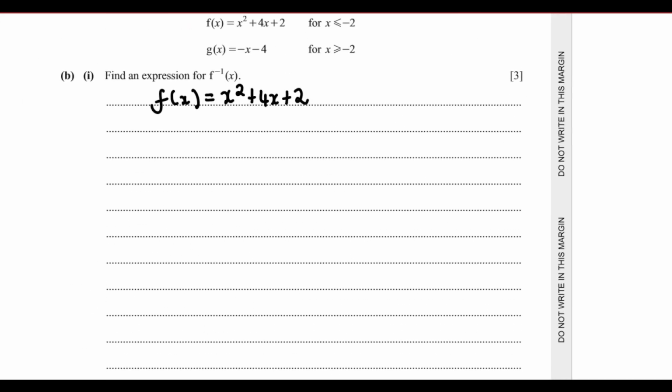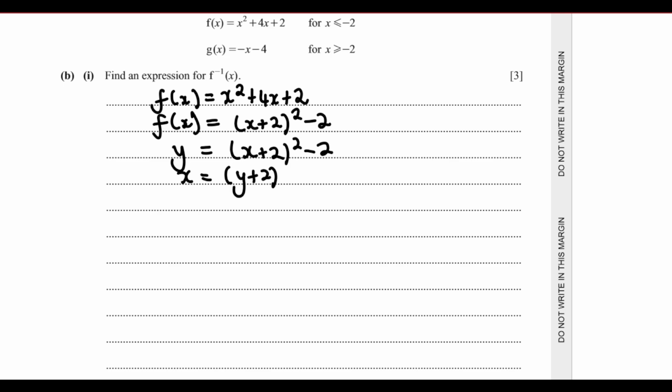So you can simply use your answer from a. Okay, we need the inverse. I usually write x, y, then I swap them. Okay, I try to get y on the left.